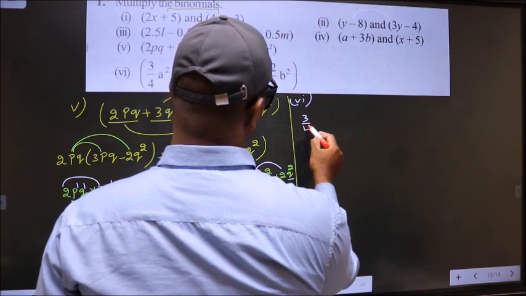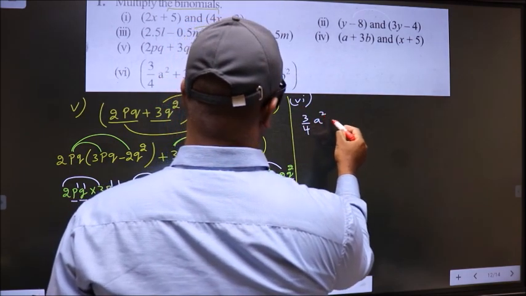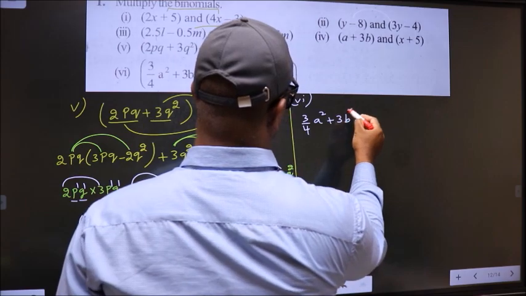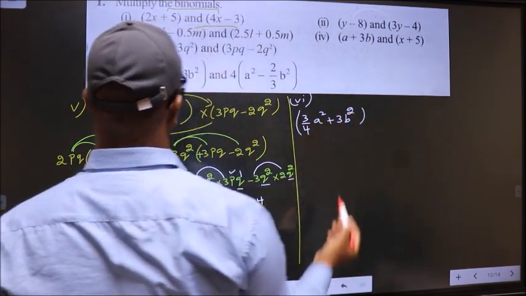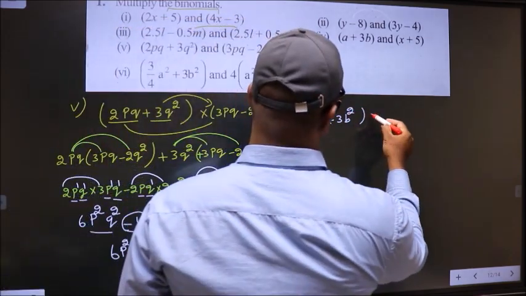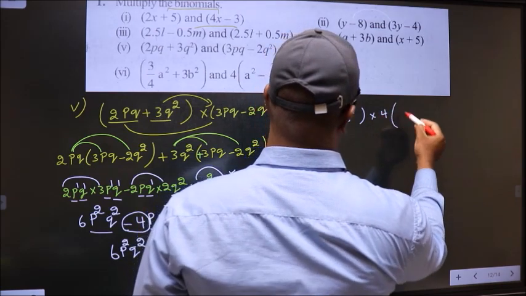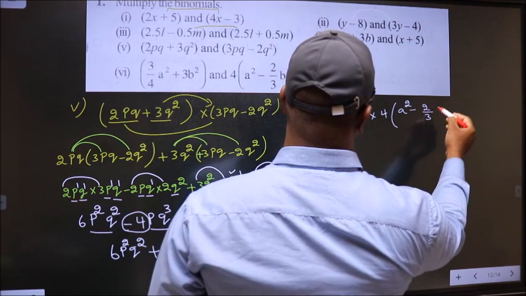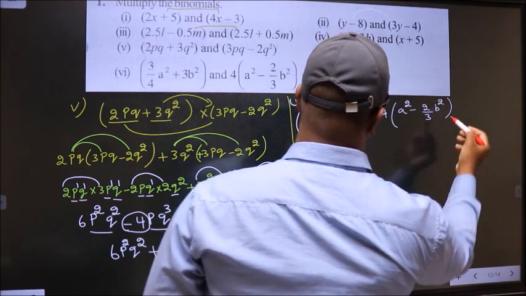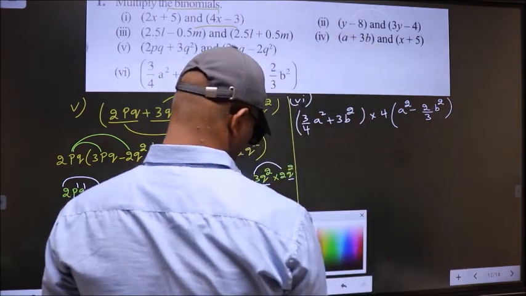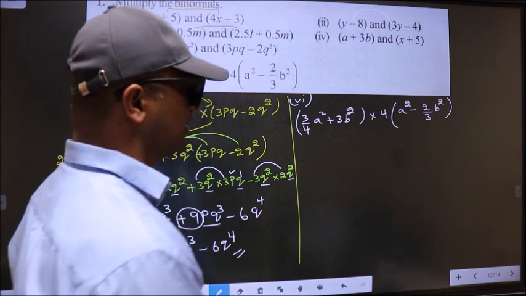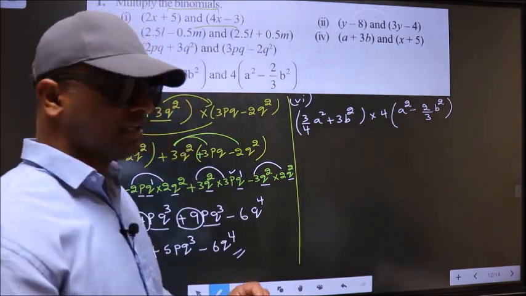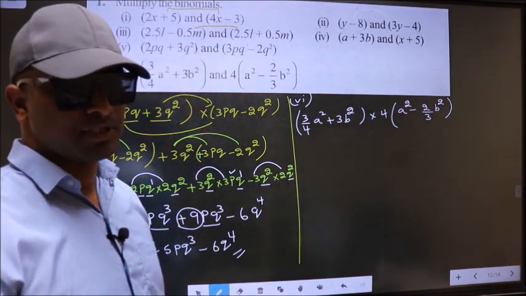3 by 4 A square plus 3B square into 4A square minus 2 by 3 B square. Now here don't get confused.